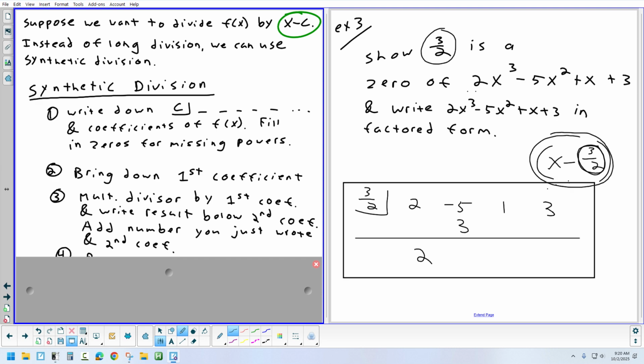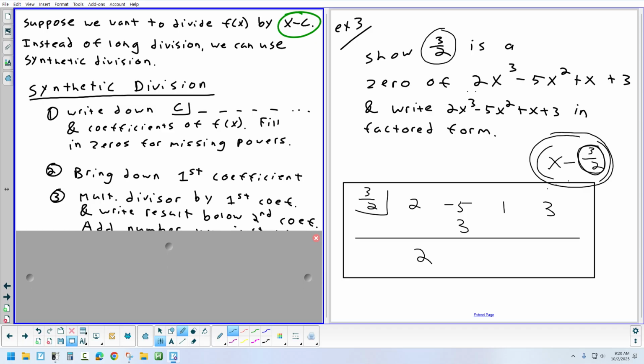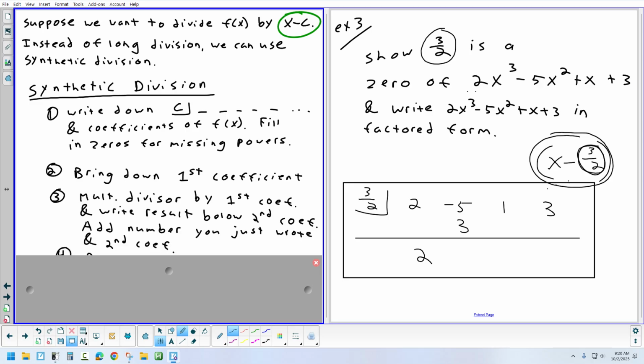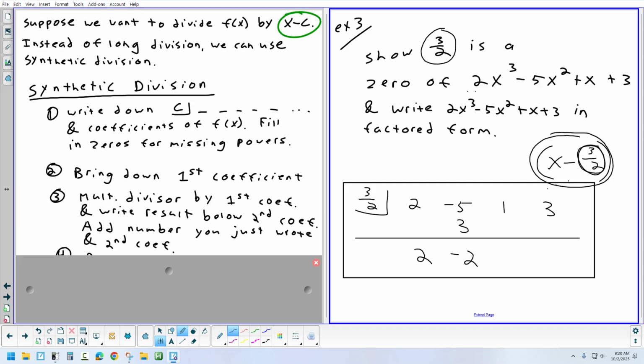So multiply the divisor by the first coefficient and write the result below the second coefficient. That's what I just did. Now, big difference between this and the way we did yesterday, you're going to add the columns. You're going to add them. So -5 and 3 gives me -2.